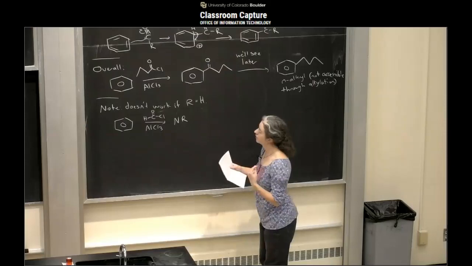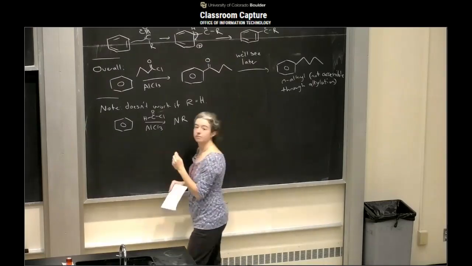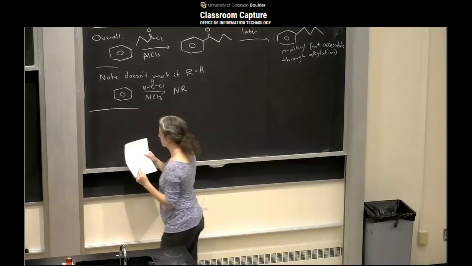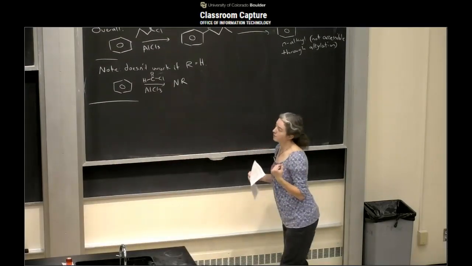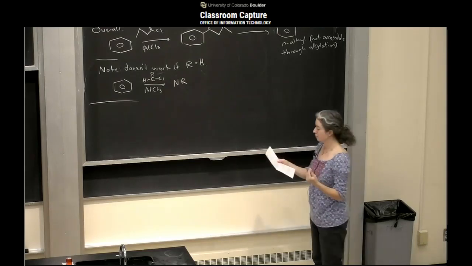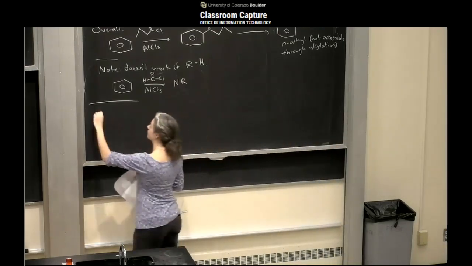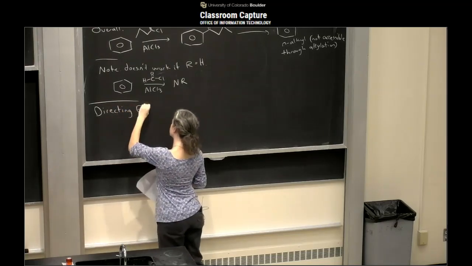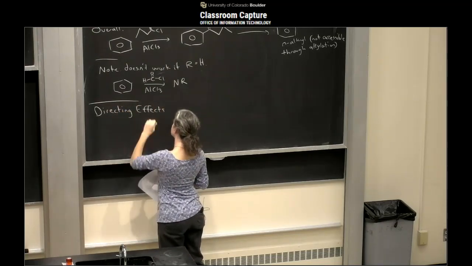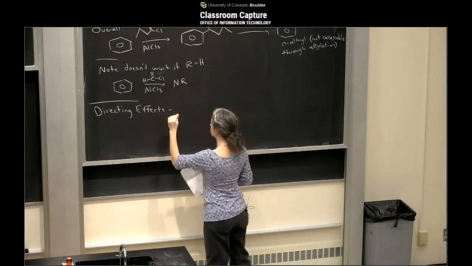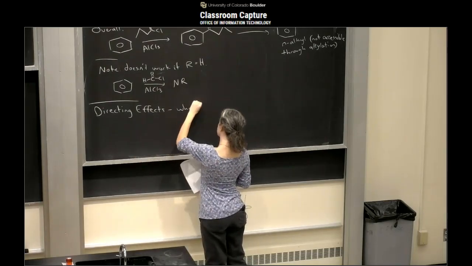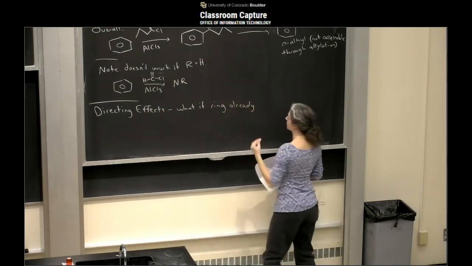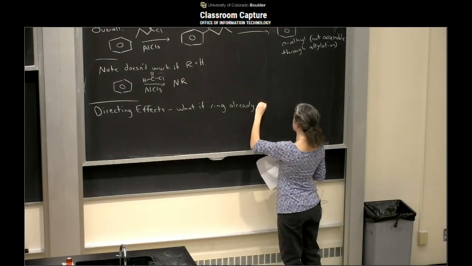Alrighty, so in the last 5 minutes or so, we're going to start looking at what happens if you're doing this to not just regular benzene. So what if the ring already has substituents on it?